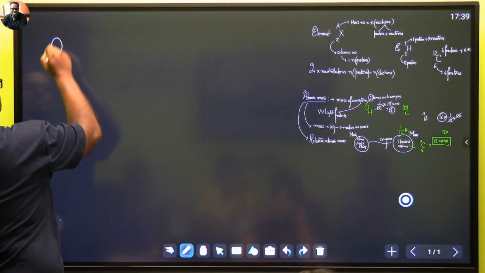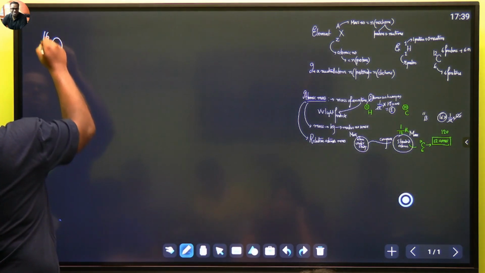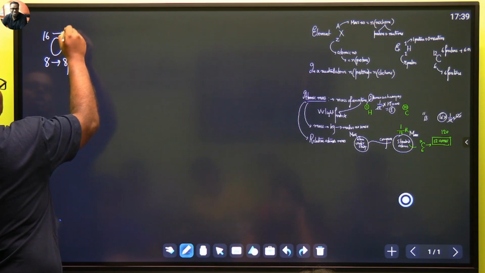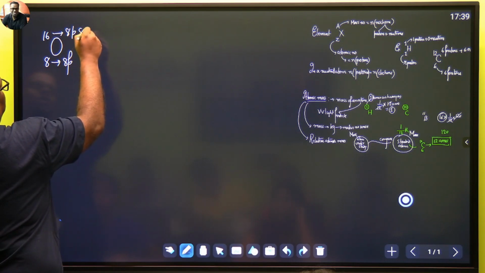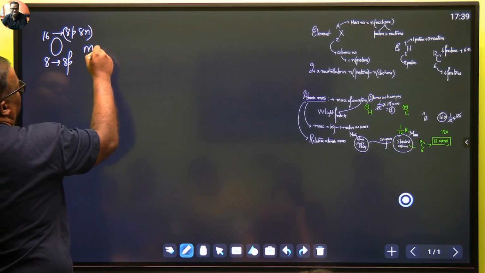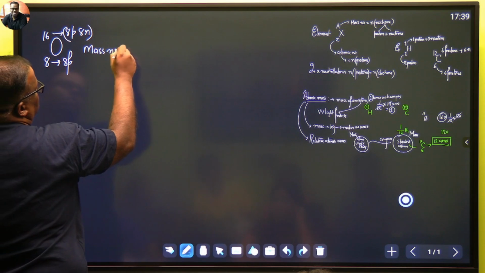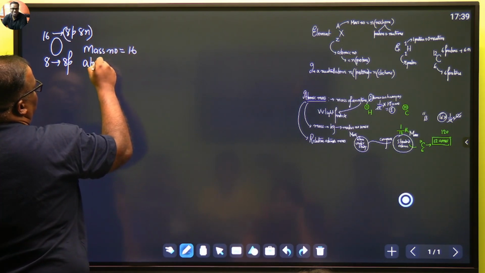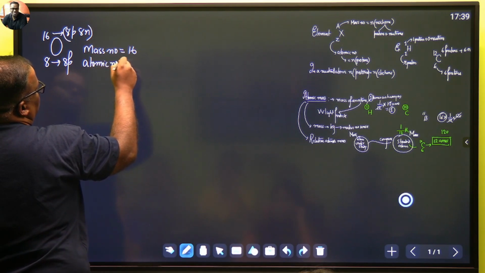Let's take oxygen. Oxygen is 8-16, which means oxygen has 8 protons, 8 neutrons. Okay? So what is the mass number? The mass number is equal to 16. And what's the atomic number? The atomic number is equal to 8.